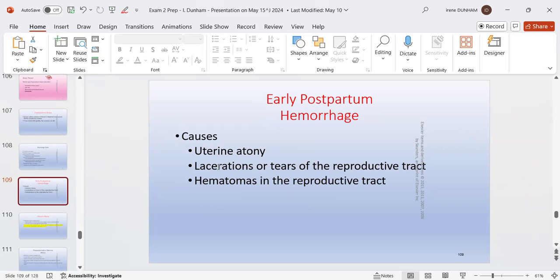It's real high up, but they have a trickle of blood. And then, of course, hematoma in the reproductive tract, usually in the vulva area, which is very, very, very painful. So uterine atony, lacerations, and hematoma all happen in your early postpartum hemorrhage.